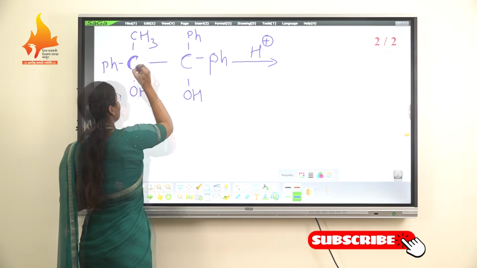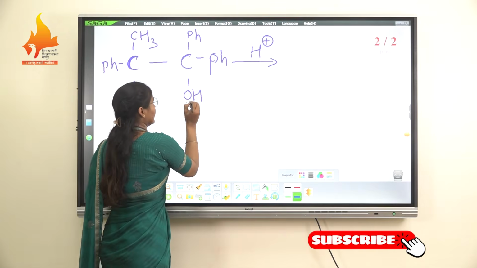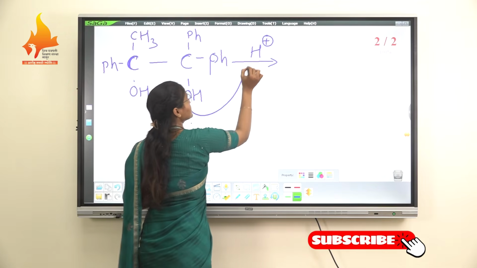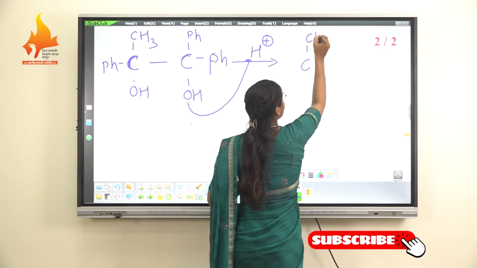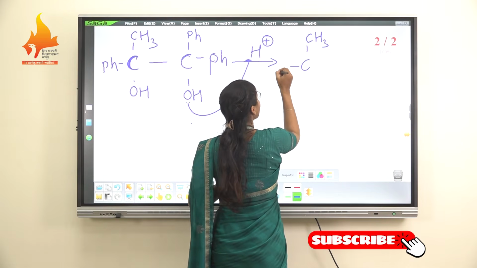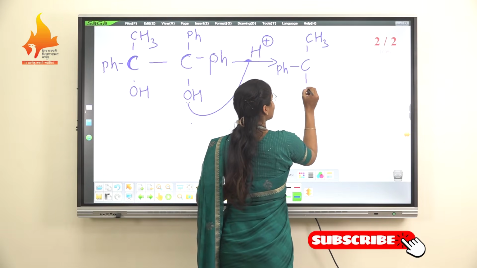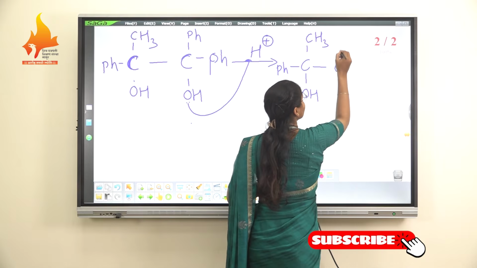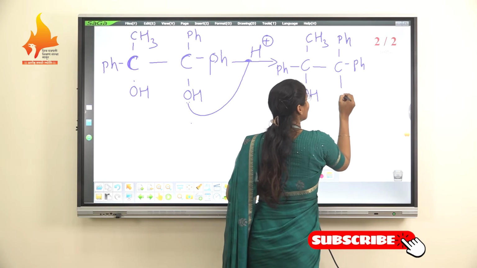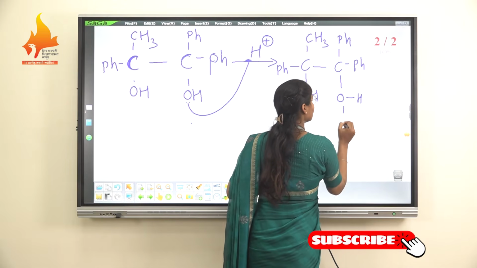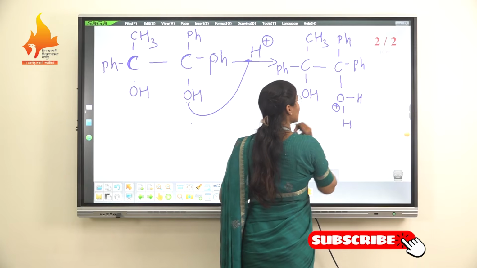So first we take this lone pair, abstract this proton, and we will get this molecule: C, Ph, Ph, OH2 with positive charge.